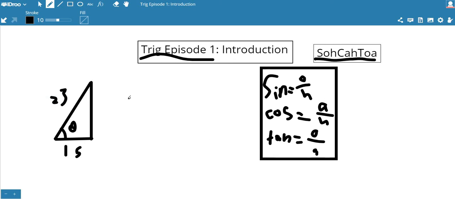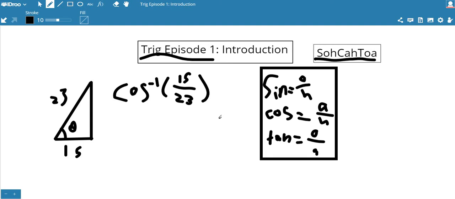What do we need to write here? I encourage you to pause this video and try to figure this out. So it would be inverse cosine. I'll put parentheses this time. So it'll be adjacent over hypotenuse, which is 15 over 23.